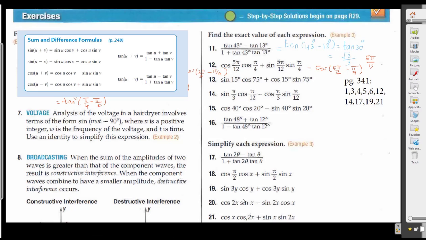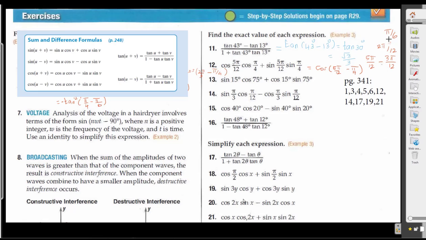Alright, 5 pi over 12 minus pi over 4, so you have to find the common denominator. That's going to be 12. 3 pi over 12, 5 pi minus 3 pi is 2 pi over 12. That is same as pi over 6.